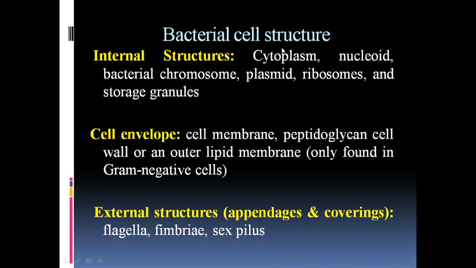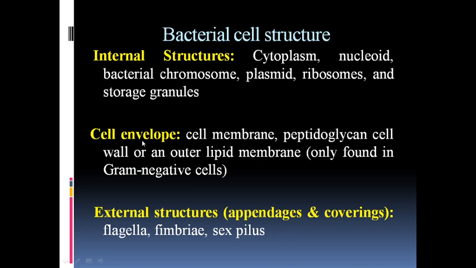The bacterial cell structure will have internal structures, cell envelope and external structures. The internal structures are cytoplasm, nucleoid, bacterial chromosome, plasmid, ribosomes and storage granules.